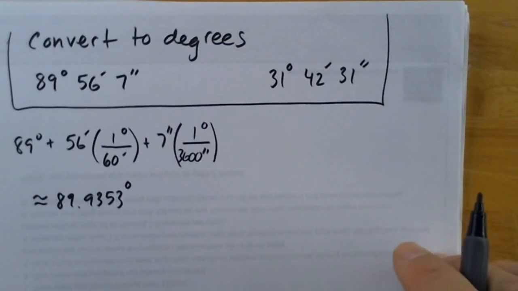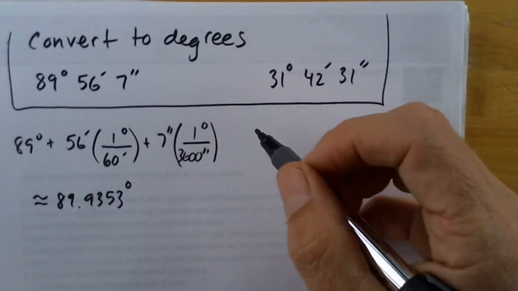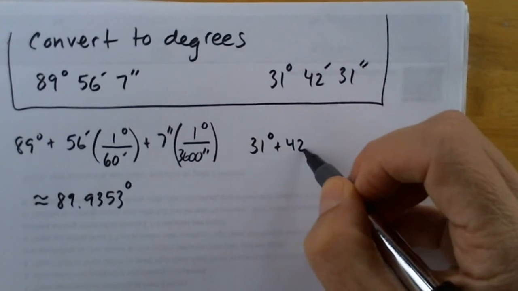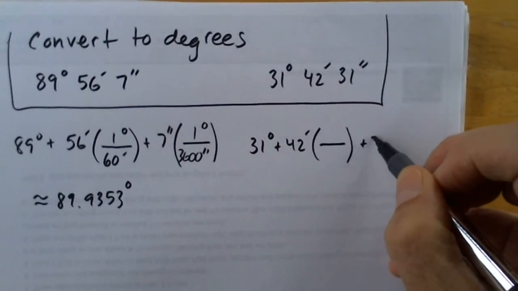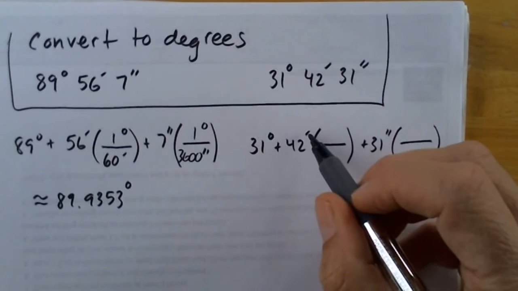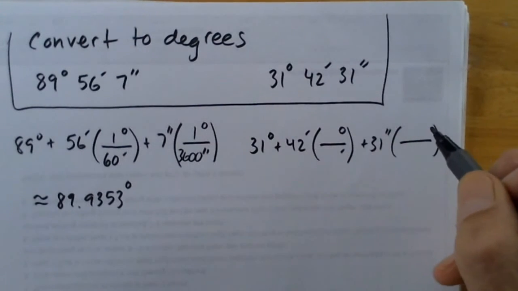All right, pause and try the other one. So here we want to cancel minutes. We'll put that in the denominator, and we want to be left with degrees.